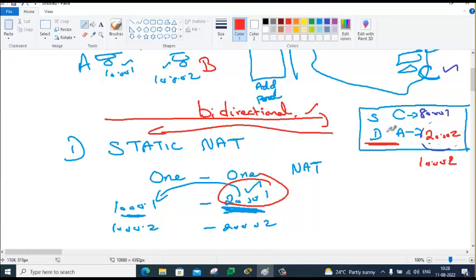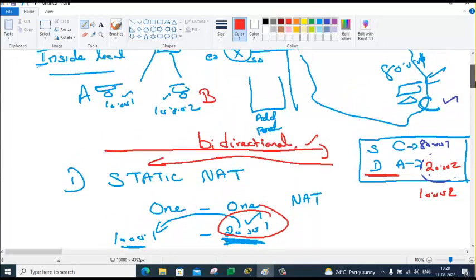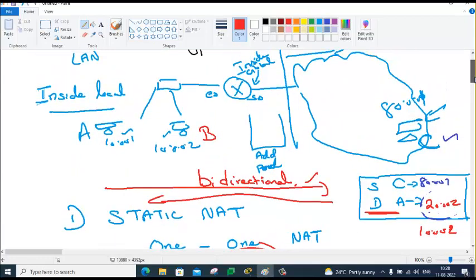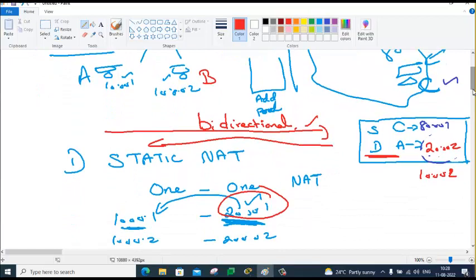The static NAT has got a negativity, meaning there is a problem in static NAT. What is that? I got two computers. I need two IP addresses to map. I need to buy two public IP addresses for two private computers.